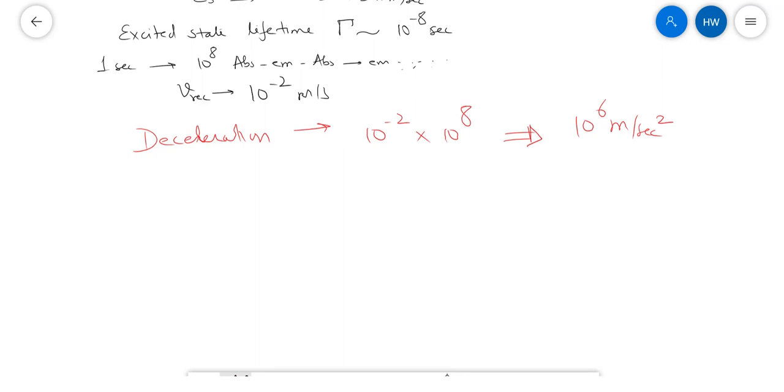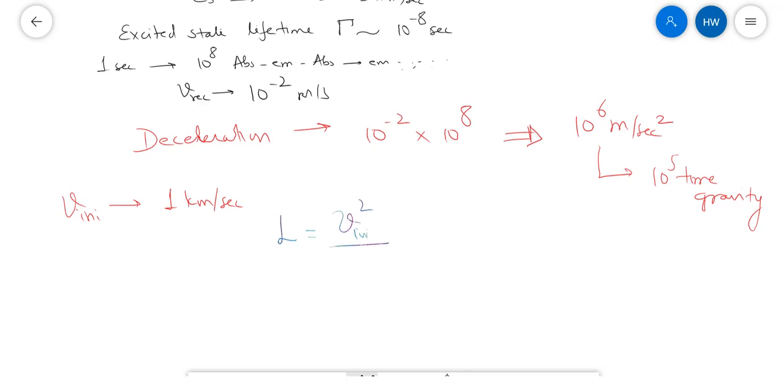We are talking about acceleration that is 10 to the power of 5 times gravity. That's huge. What it means is that if the initial velocity of the atom was about 1 kilometer per second, imagine it's coming out of an oven at about 300, 400 degrees Kelvin, then the stopping length is about v initial squared by twice the acceleration.